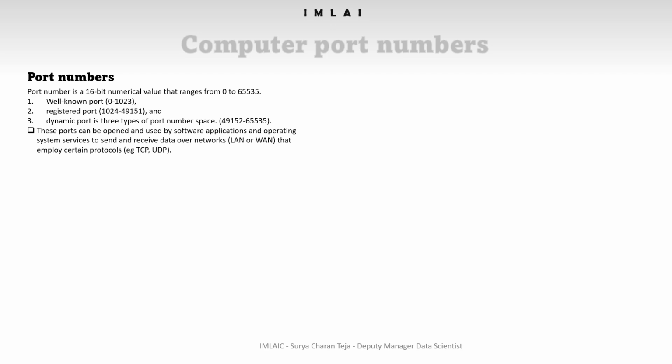So for example, we use 80 for HTTP web-based plain text surfing, and 443 for HTTPS web-based encrypted websites in our daily work. So 80 for HTTP web-based plain text type of application, and 443 which is secured HTTP connection.